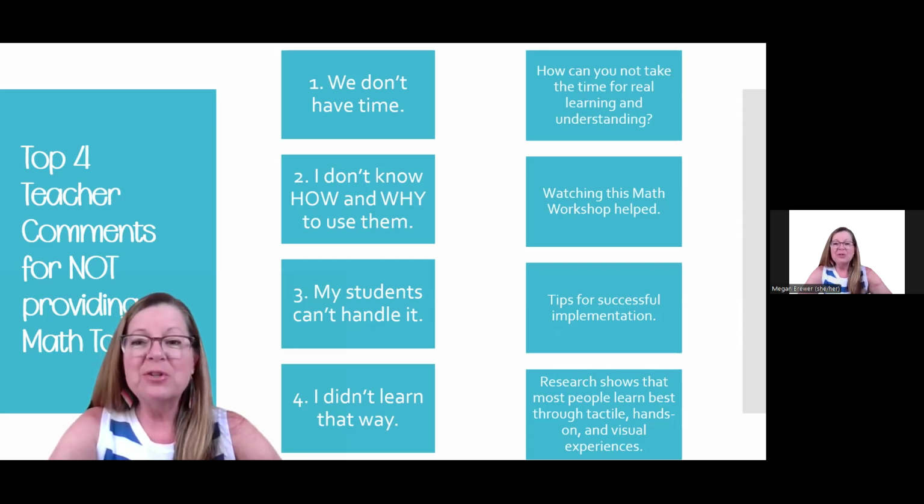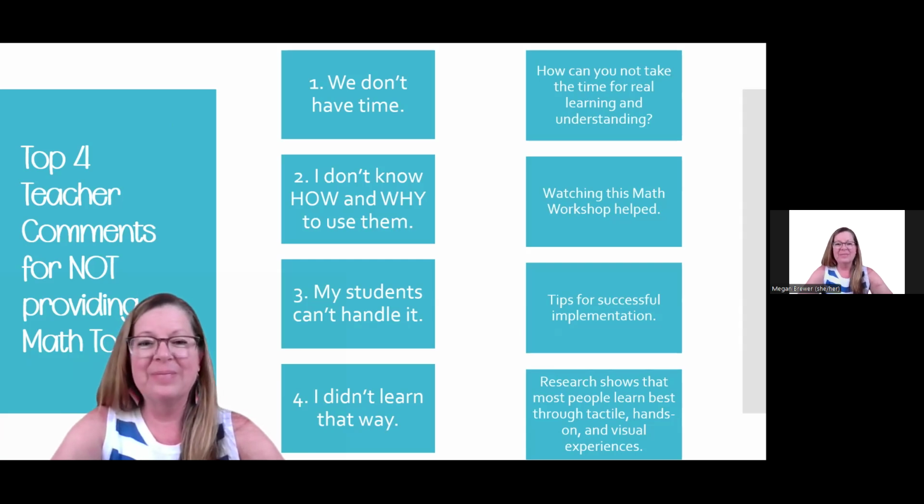But we have to remember that through using the math tools throughout the school year, students will have deeply learned all about the math concepts so that when they take that end of the year test, if there is one, they're going to be successful on any type of assessment because their learning has been internalized.